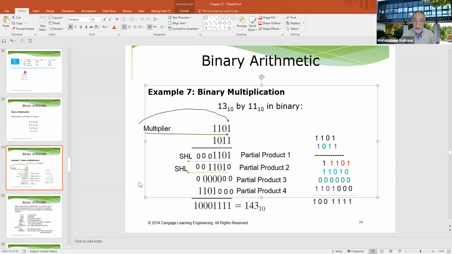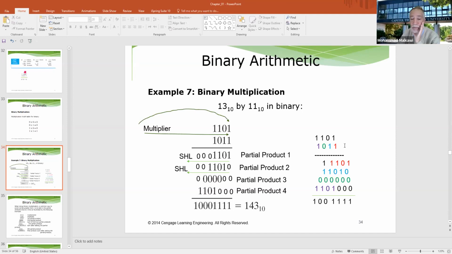So the result is, how do I get this? The way I do that, I say 2, 4, the second 0, 8, 16, 32, 64, 128, plus this is 15. 128 plus 15 is 143.